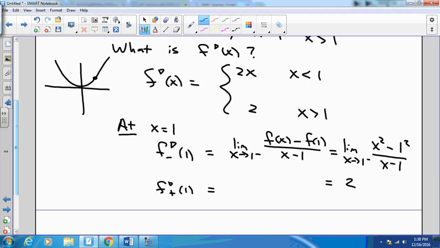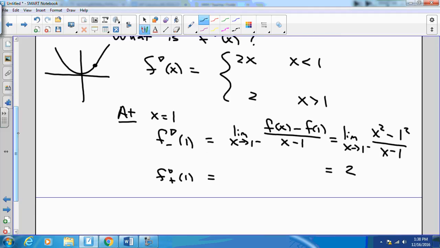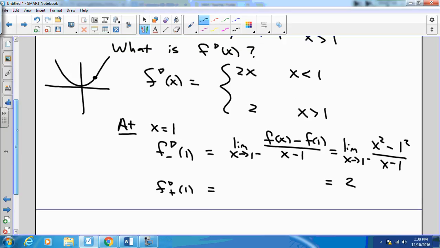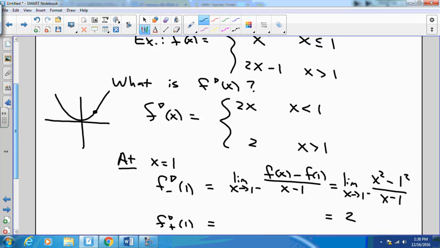And when we're done with this, I'll come back and show you an example. No, and that's my whole point. Right at the joint, where x is equal to 1, I have different behavior on either side of 1, and the tangent line requires the same behavior on both sides.